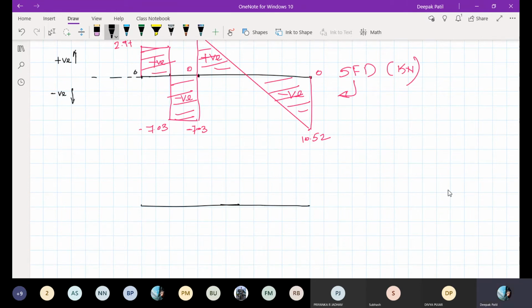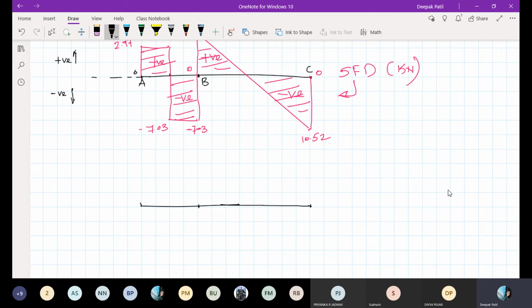So this is A, this is B, and this is C. Here also I will write this is A, this is B, and this is C. Now please pay very close attention while drawing the bending moment diagram. This is very much important.